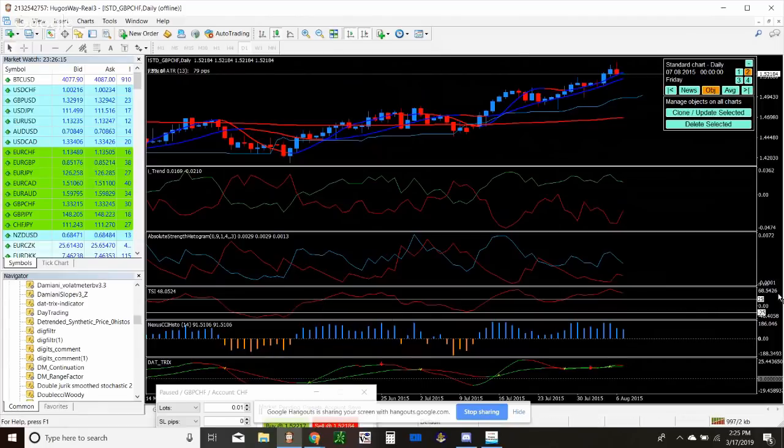The default settings for TSI have no line, but reading up on TSI, they consider 25 as overbought and negative 25 as oversold. But what these levels mean is just that the trend is stronger in that area.